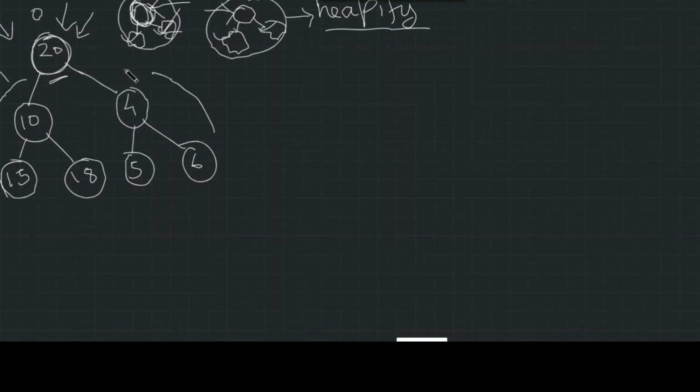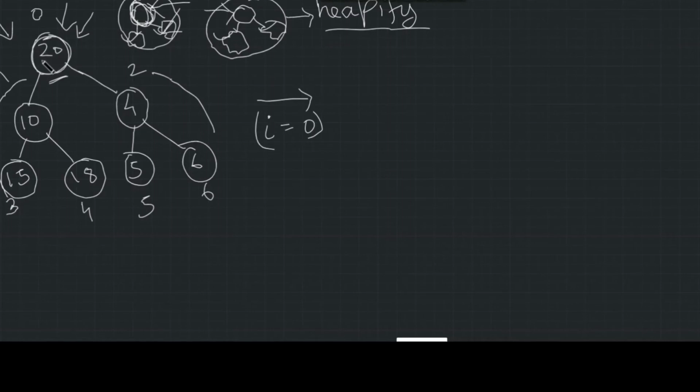It is simpler to denote each node by its index value: 0, 1, 2, 3, 4, this is 5, and this one is 6. We know that 20 is violating the property, so the index value is i equals 0, and we will perform heapify there.